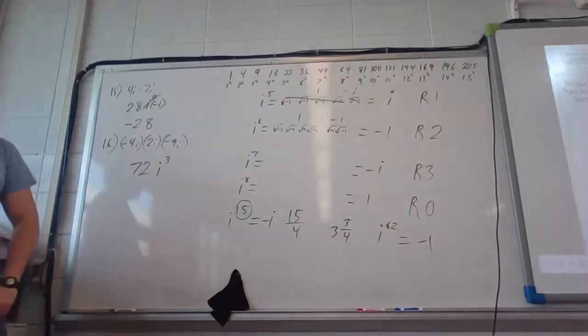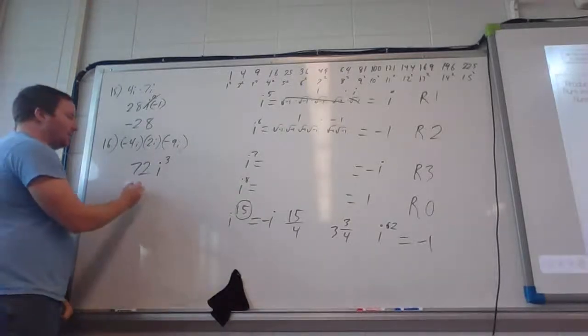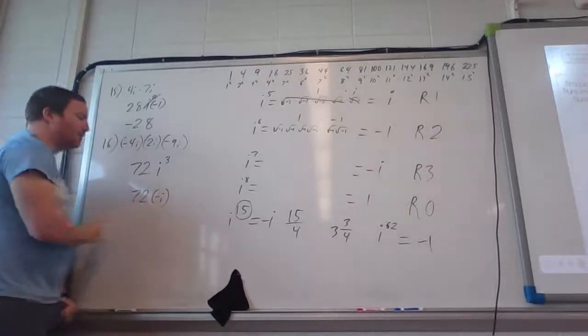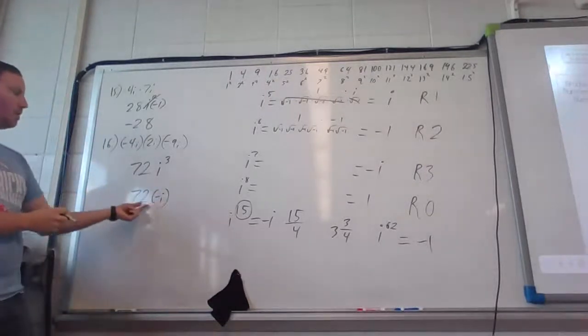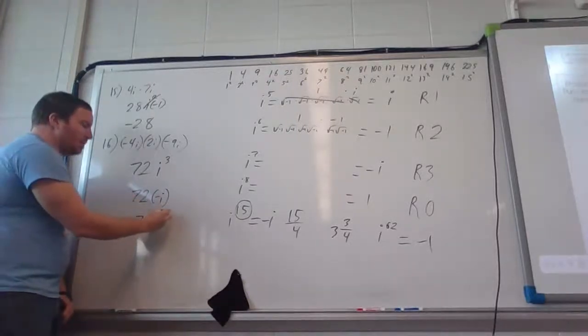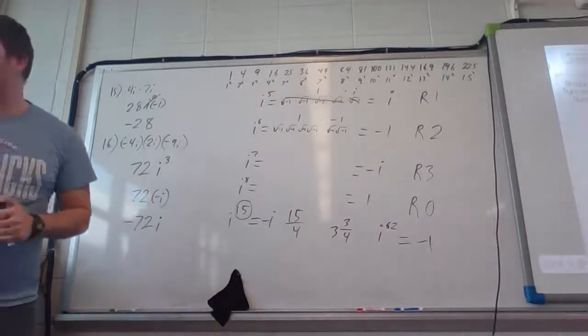I to the third power is equivalent to -i. So we have 72 times a -i. Or we can move that negative out front, so -72i. Are there any others that we want to look at?